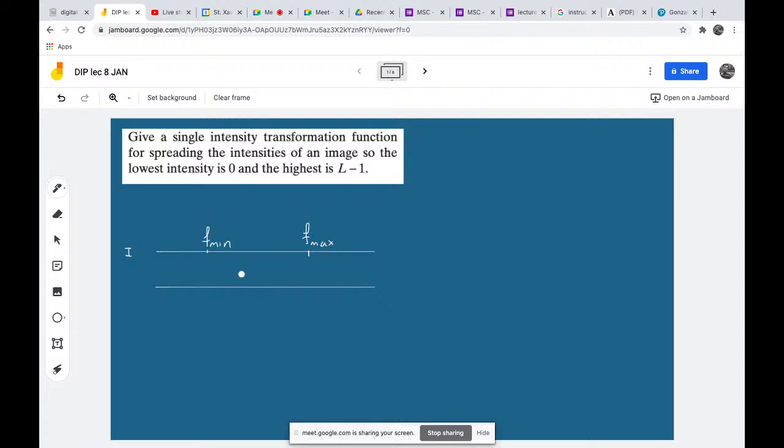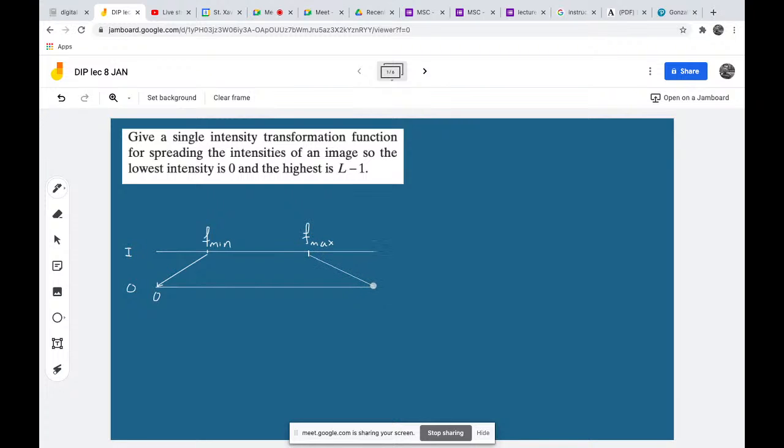Now I want to scale it. This is input and this is output image. So it says that the lowest intensity, the minimum, should go to 0. So this is my minimum, which goes to 0.